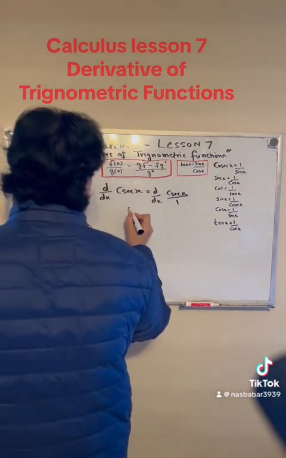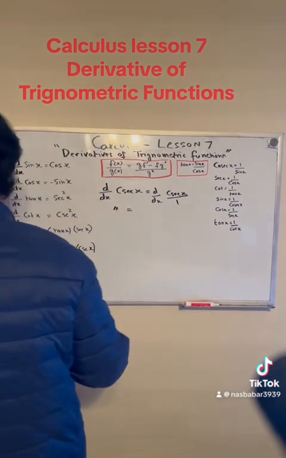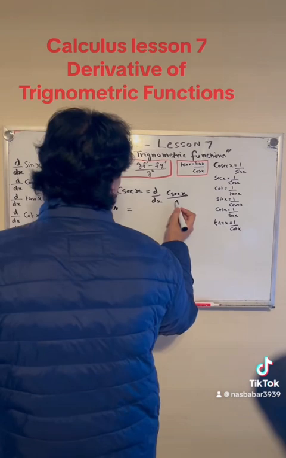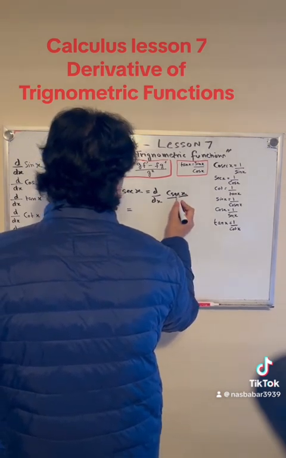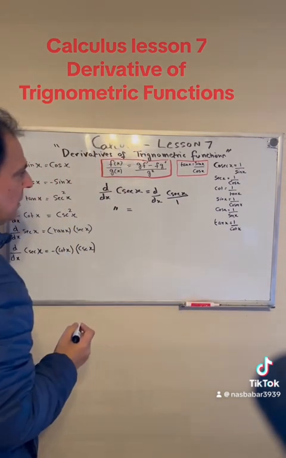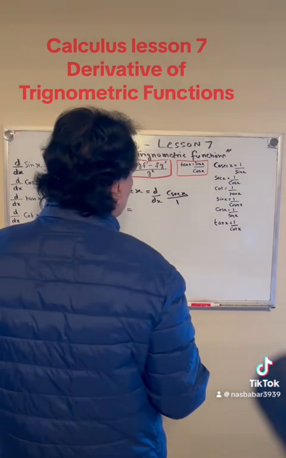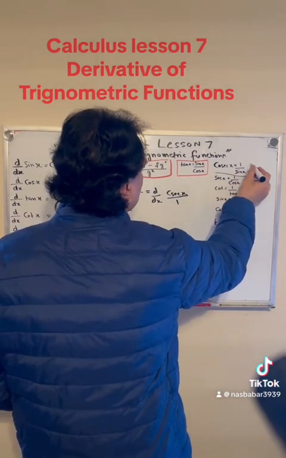So I'll use the same thing over here. Now let me ask you one more question. What is cosecant equal to? Can you tell me what cosecant is equal to? 1 over sine x. I showed you right here.